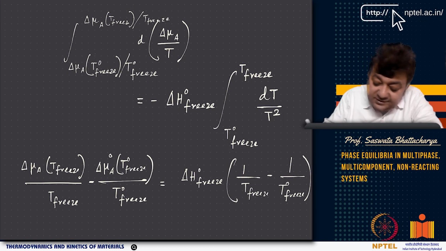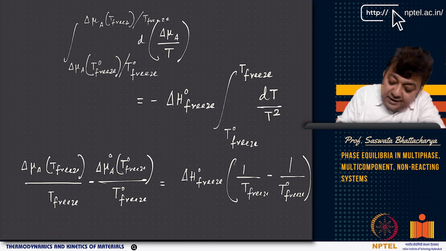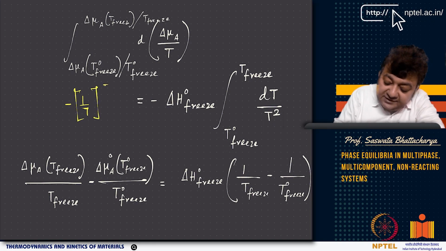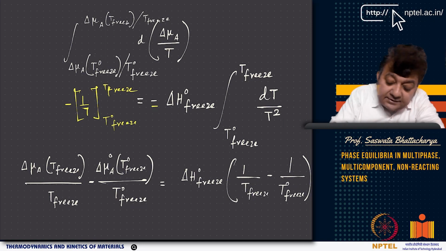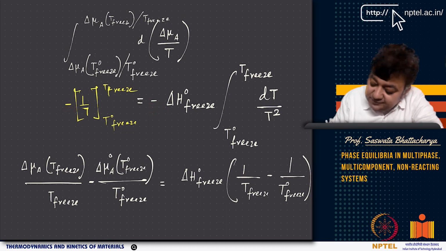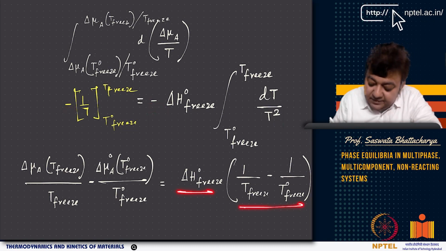How does it come? dT by T square equals minus 1 by T, evaluated between T freeze and T0 freeze. There is a minus sign here, and then there is another minus sign because of integration, so minus minus equals plus.